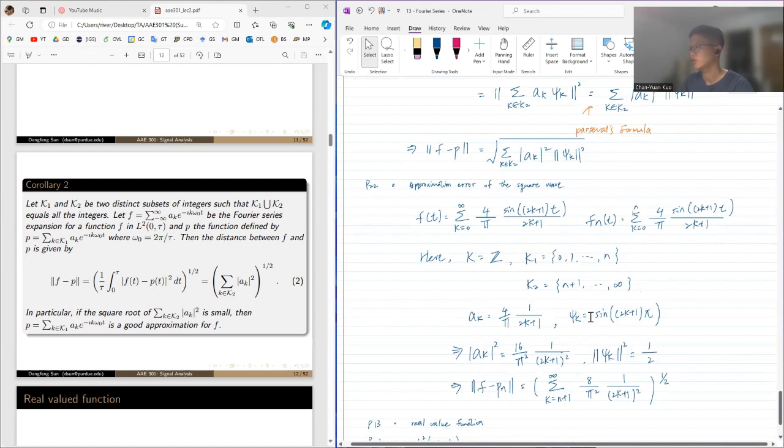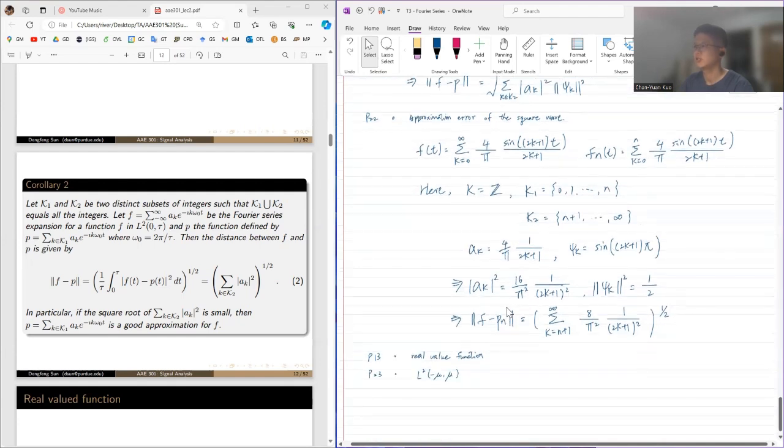And the psi k function is equal to sine of (2k plus 1) times pi. And so in this case, the square of the absolute value of ak will be 16 over pi squared times 1 over (2k plus 1) squared. And the squared norm of psi k will be 1 over 2. And here I skip the computation, but you can verify this yourself. And I believe in the end, you will get 1 over 2.